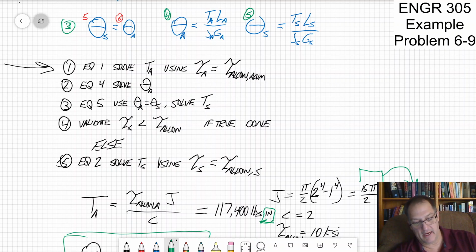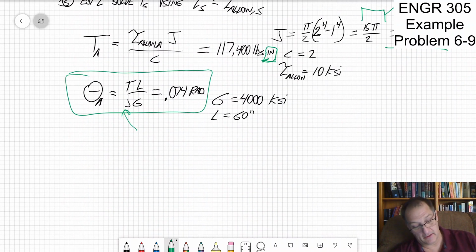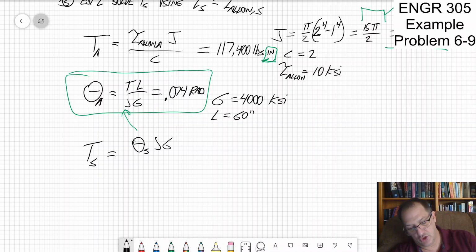Now I'm going to go find, I know what that theta S is. So now I'm going to solve for the torque in the steel in inch pounds. That torque in the steel, I just have to rearrange this equation. So theta in the steel, which is equal to the aluminum, equals J G over L. But I have one more thing.